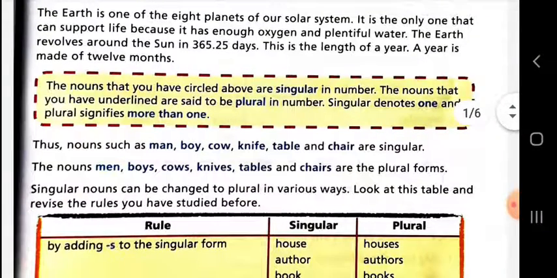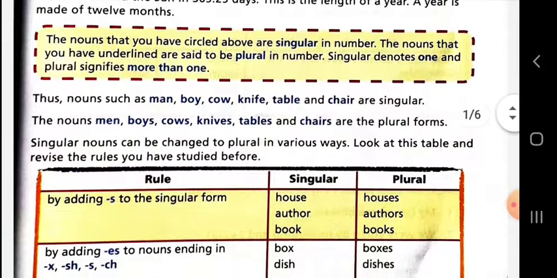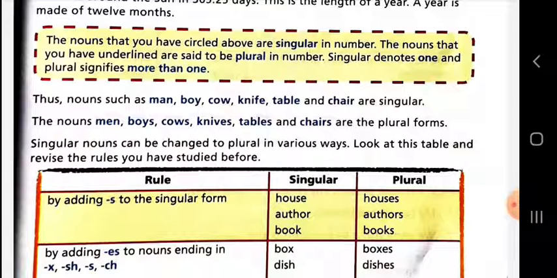For example, nouns such as man, boy, cow, knife, table, and chair are used to indicate only one person or thing. That is why they are called singular. And the nouns men, boys, cows, knives, tables, and chairs are used to indicate more than one person or thing. That is why they are called plural nouns.